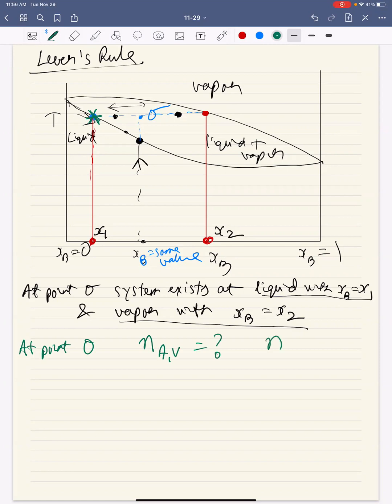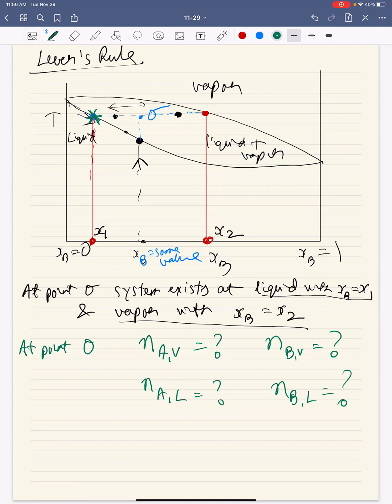And the number of moles of B in vapor is equal to how much? I will work with number of moles and then come back to mole fraction. Similarly, the number of moles of A in liquid is equal to how much? And the number of moles of B in liquid is equal to how much? We want to figure out these 4 quantities.